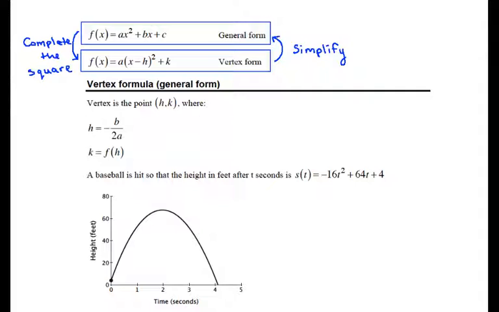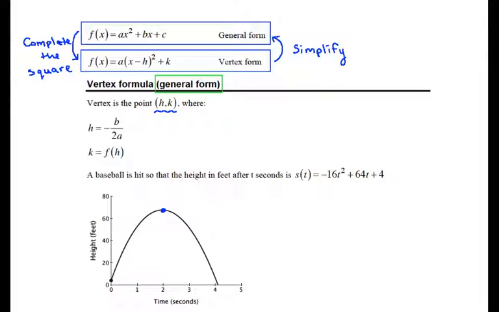So first we're going to look at the vertex formula, and the vertex formula applies to a function that is in general form. So say we have a function in general form, we can find the vertex, it's the point hk. The vertex, if we look at this picture down here, is the point where the parabola turns around.